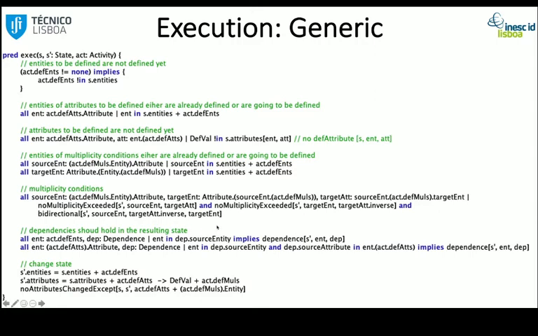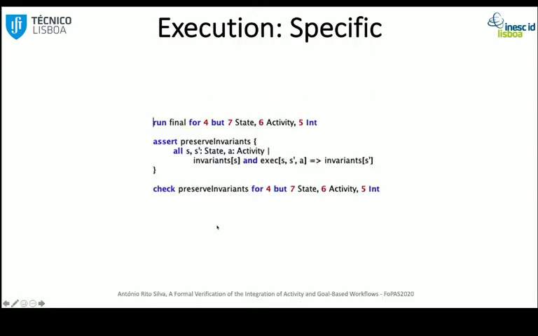Okay. And then the specific part, what we do is we run to see if we can achieve the final state, and we check if this assert is preserved, so if the invariants are preserved.